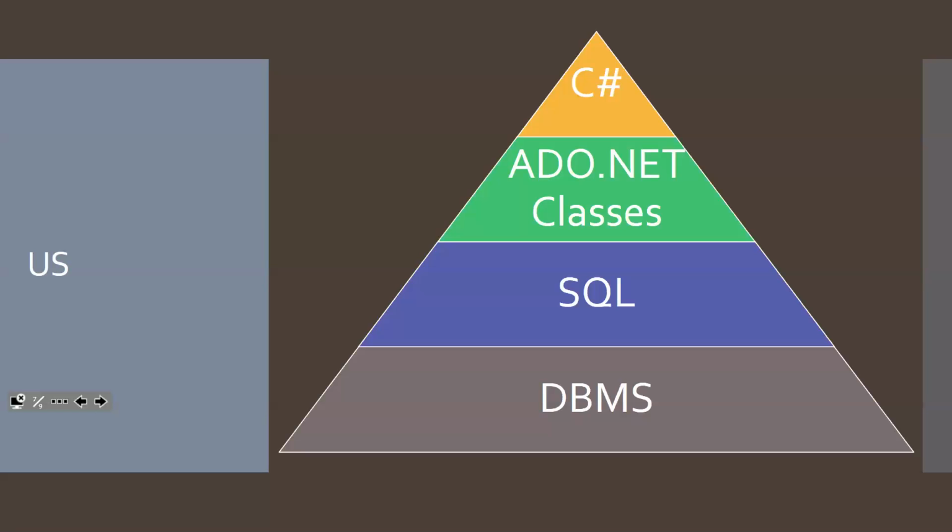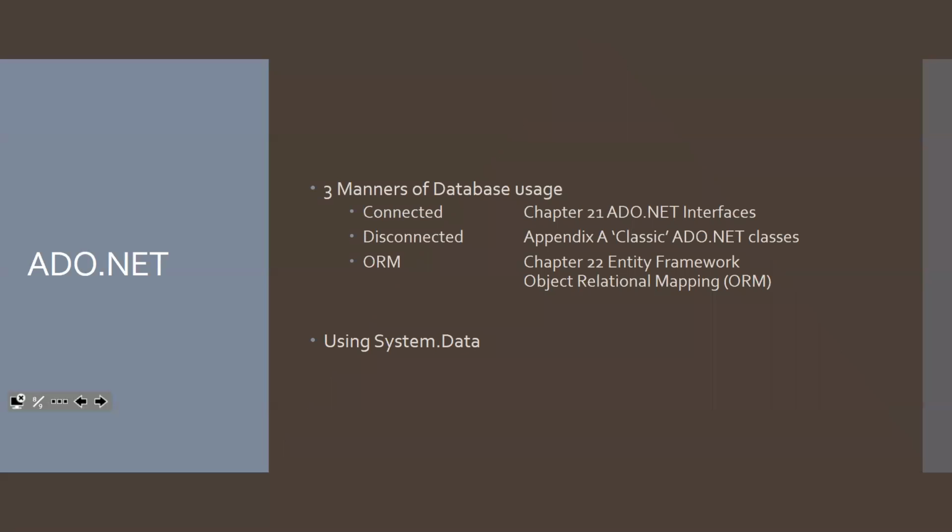There are classes set up for many of these different database management systems so that we can make things work seamlessly across the board in C#. We don't have to worry about whether the database management system is SQL Server or Oracle or Sybase. We're just going to use our ADO.NET classes. So we'll have the same thing as SQL. Now, there are lots of ways that you can access a database using C#.